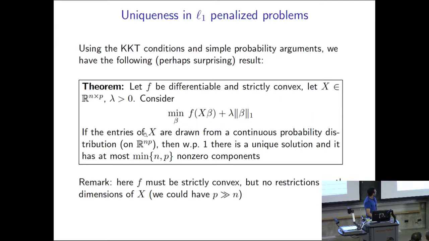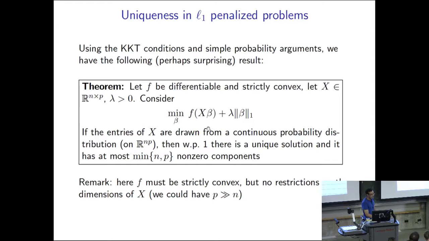Okay. If the features have a continuous probability distribution, so if we think about drawing the entries of the feature matrix from any distribution, doesn't matter what it is, as long as that distribution has a density, so it can't be a discrete distribution, it has to be a continuous distribution, then with probability 1, there's a unique solution to this problem.